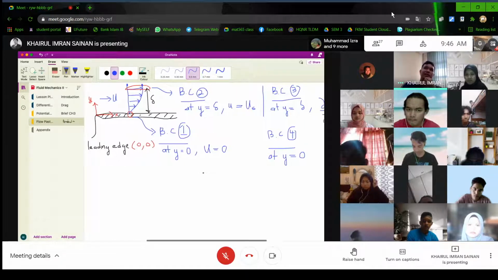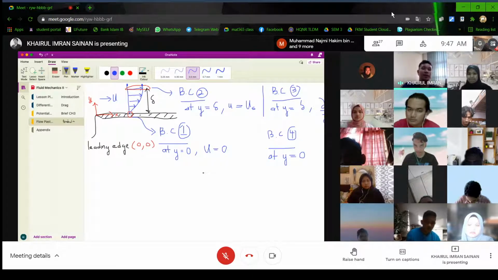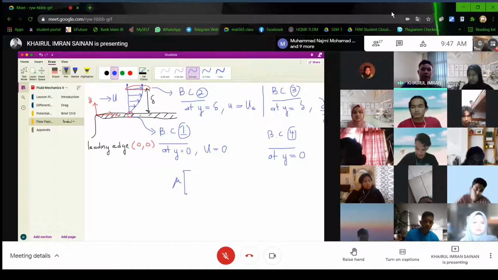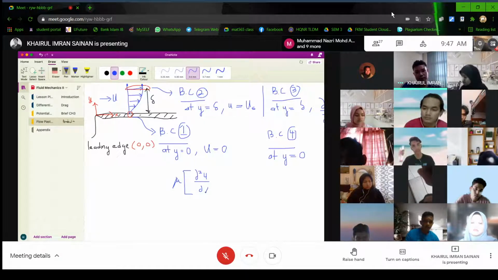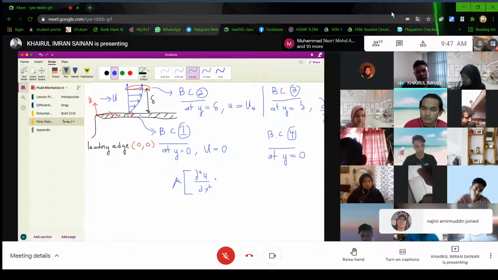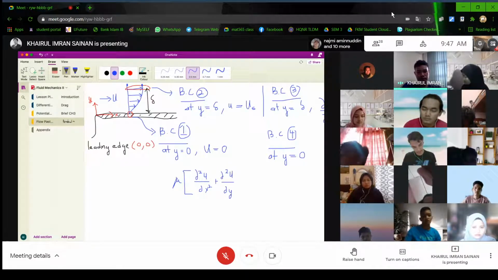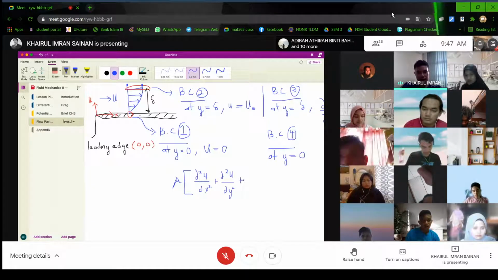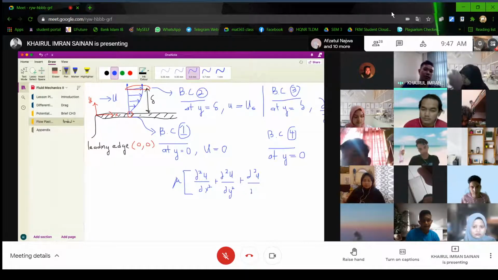From the Navier-Stokes equation, shear is actually the mu, right? Take a look back at your Navier-Stokes equation. You have del squared u over del x squared, plus del squared u over del y squared, and then plus del squared u over del z squared.